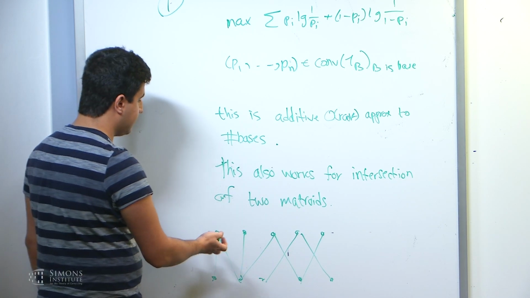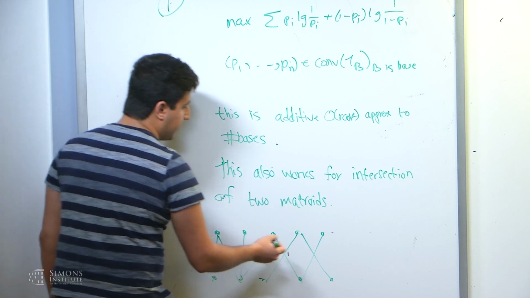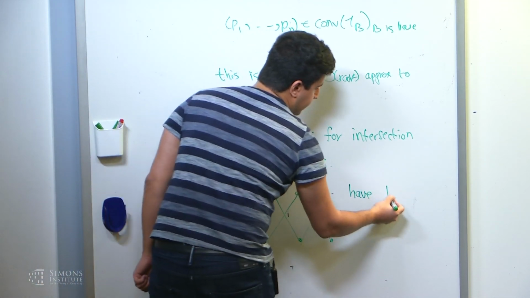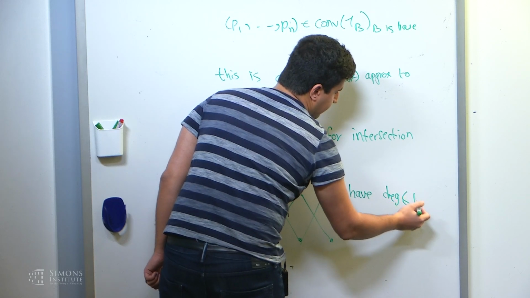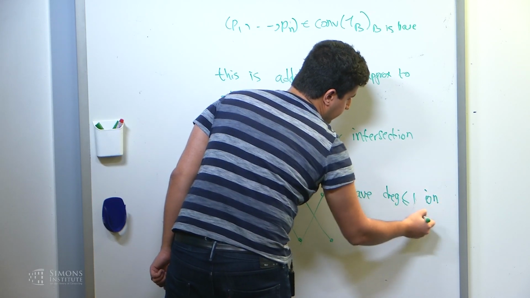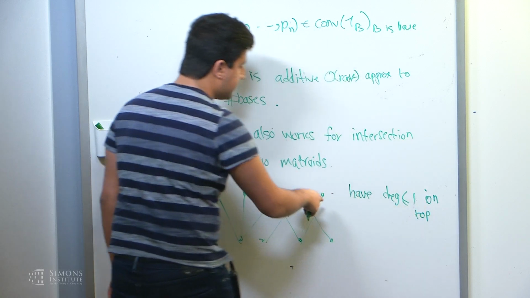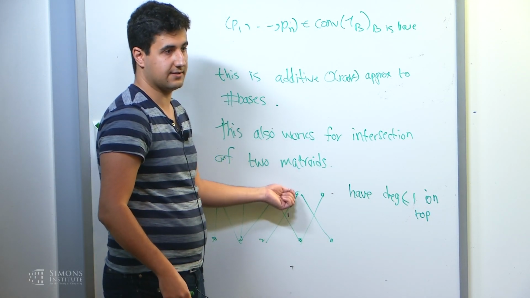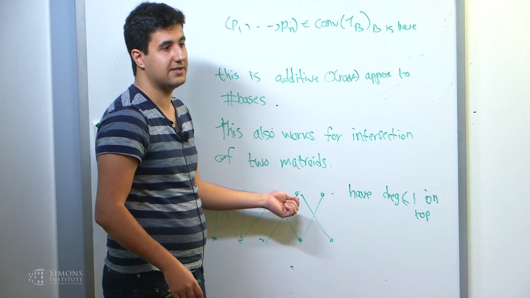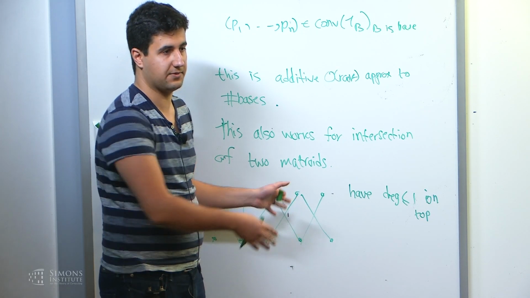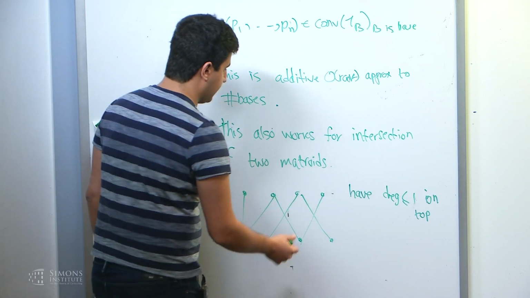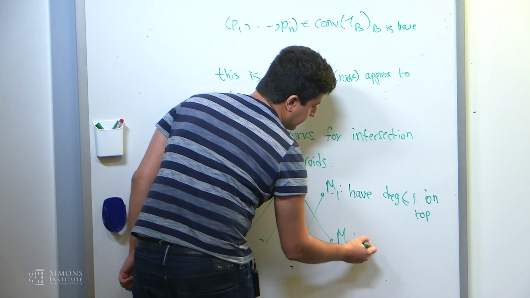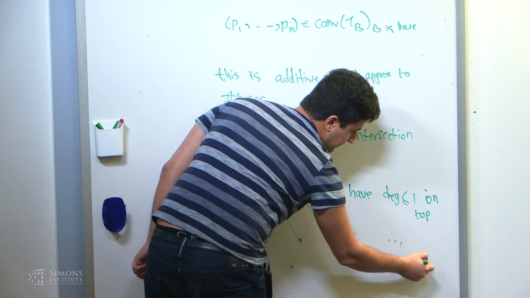One matroid is the constraint that they have degree at most 1 on top. So subsets of edges which have degree at most 1 at each vertex on the top, those form independent sets of a matroid. It's like the partition matroid. So that's M1. And for M2, you get exactly the same thing on the bottom.